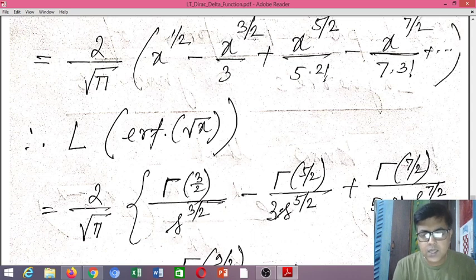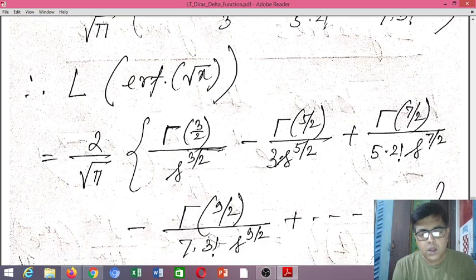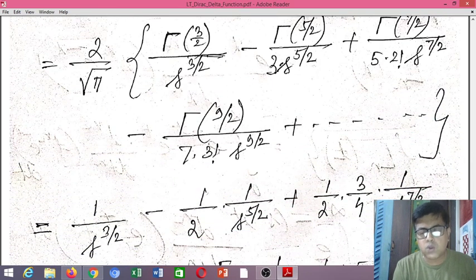Like in the next case, x to the power 5 by 2, this will be gamma 5 by 2 plus 1 divided by s to the power 5 by 2 plus 1. That means gamma 7 by 2 divided by 5 into 2 factorial was a constant into s to the power 7 by 2. Similarly, we'll get minus gamma 9 by 2 divided by 7 into 3 factorial and s to the power 9 by 2, and so on we will get for all the remaining terms right up to infinity.